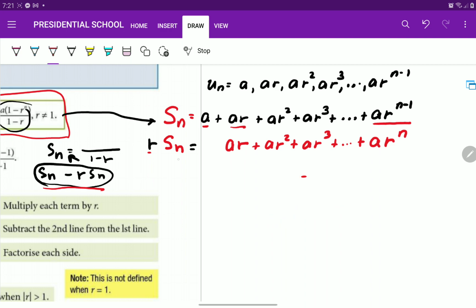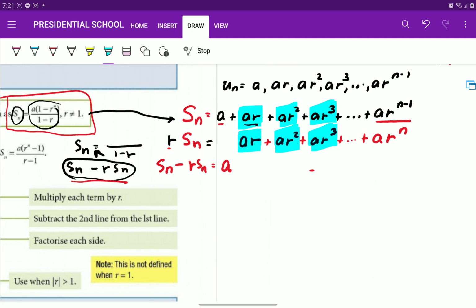So when you subtract S sub n minus r S sub n, you will notice that I need to write this a little bit on the left. So you have there S sub n minus r S sub n. You will notice that ar minus ar is 0, ar squared minus ar squared is 0, ar cubed minus ar cubed is 0 as well.